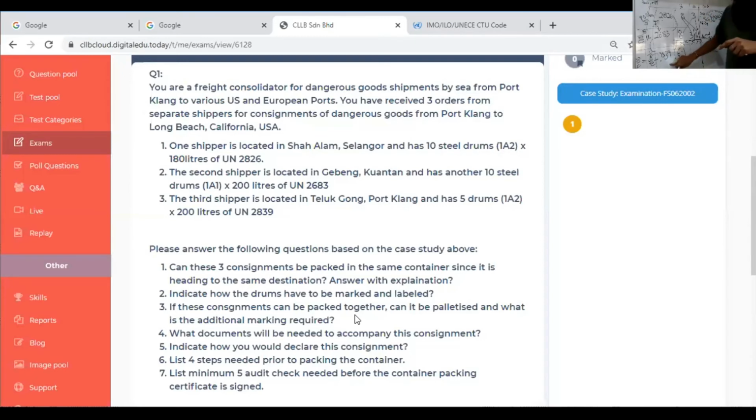Is 2839 an alkaline? No, it's not even in SGG18. So even this doesn't concern us. SG49, is it in a list of cyanide? Is 2839? No. So that means 2826 and 2839 are compatible.